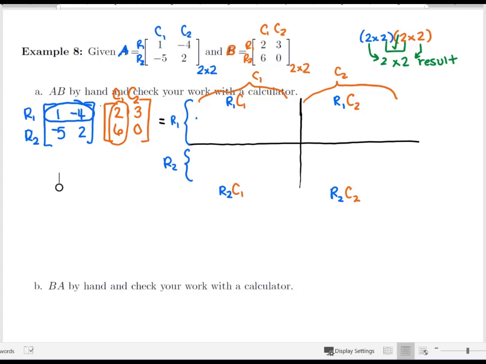So we're going to have 1, which came first from the blue, times 2, because it came first in the column of the orange, plus because it's always plus, -4, because that's what comes next in the blue, times 6, which came second in the column.